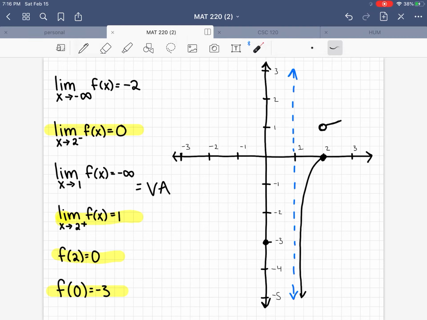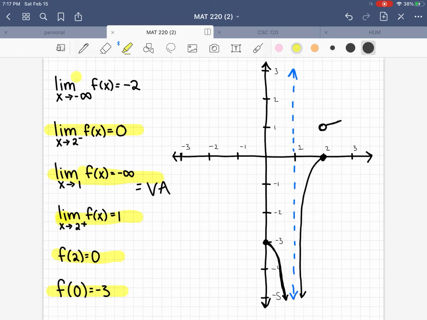And since this isn't telling us that we're going from one specific side, it's not saying as x approaches 1 from the negative side or the positive, it's saying that it's approaching negative infinity from either side of 1, then that means this side is also approaching there. And we do have a point here, our (0, negative 3), so I'm going to connect that together real quick. There's that, and we finished this little piece here.